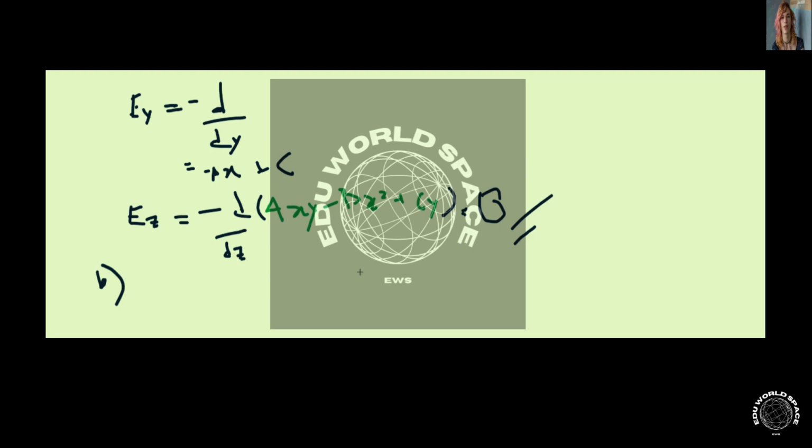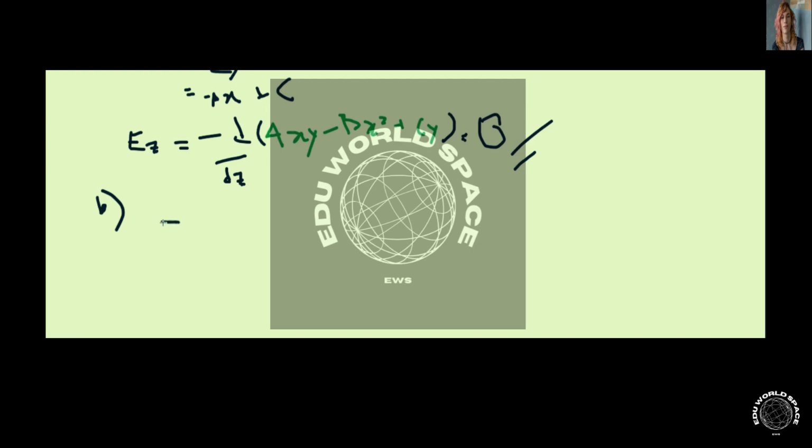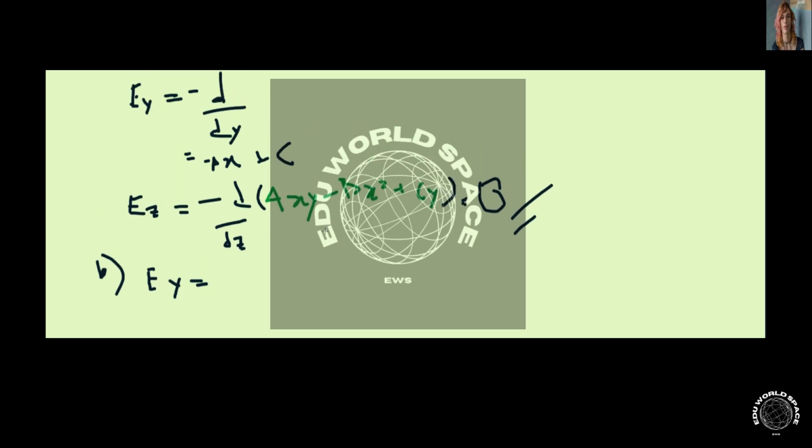So now, let's start with Ey. Remember this has to equal 0 for the electric field to be 0, so each of the components must be 0. So let's start with Ey first, since Ez is already 0.